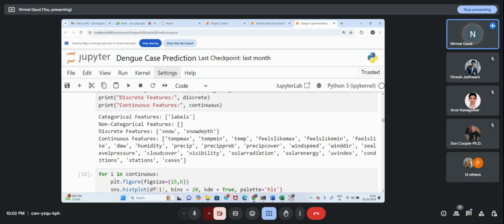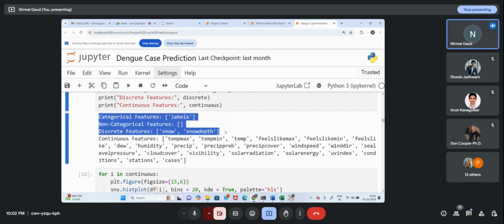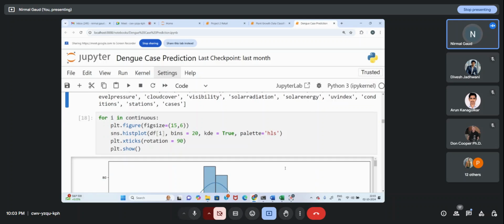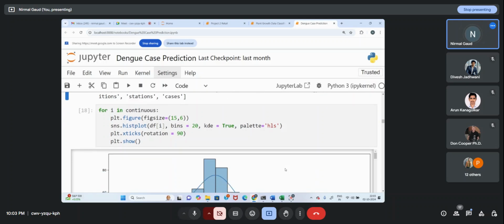Then I saw that I have only one label. I have zero values for snow and snow depth, so I don't have any specific analysis for these two. The only analysis I should be doing is related to the continuous features because they are more in my data. So let's get started with continuous only. Draw the histplot, histogram.